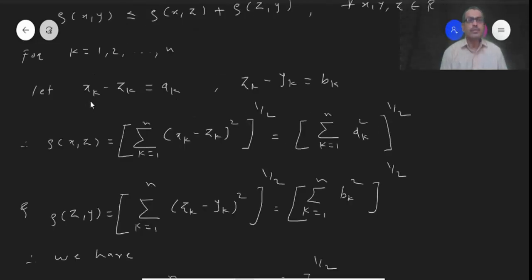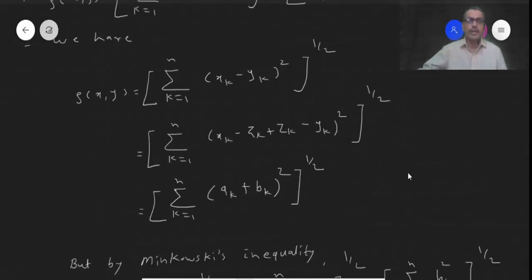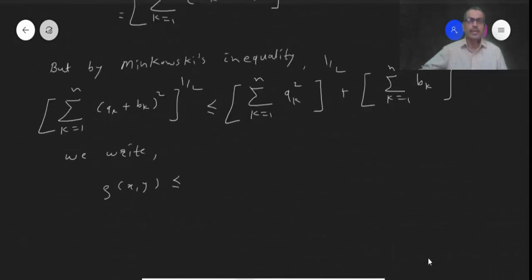Here we assume xk minus zk is equal to ak, and zk minus yk is equal to bk. Therefore, by using Minkowski's inequality, we write the distance from x to y is less than or equal to the distance from x to z plus the distance from z to y.